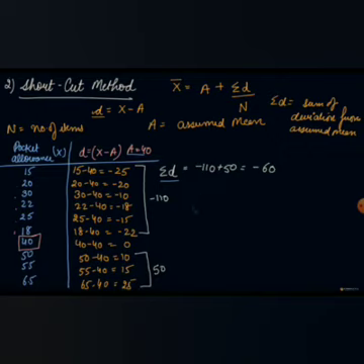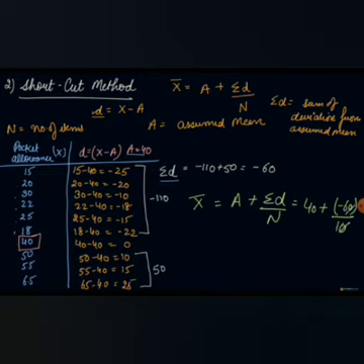So all the values we have, we can find the arithmetic mean. X bar is equal to A plus summation D divided by N, where A is 40 plus summation D is minus 60, divided by 10. So this is 40 plus minus 6, so 34.